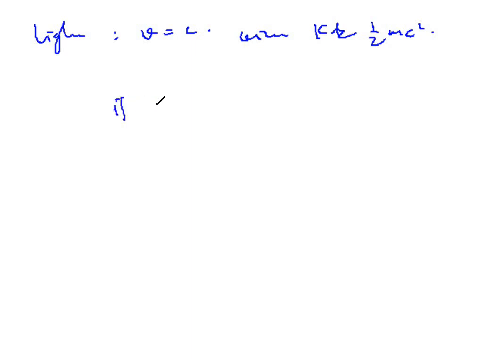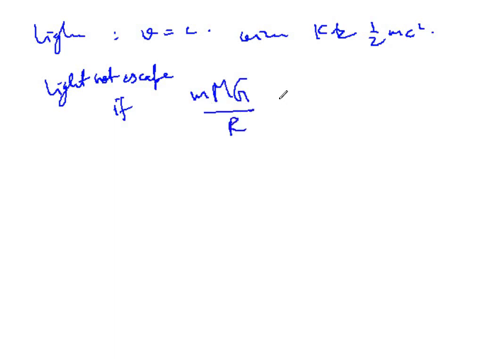Fine. Now, supposing the light consists of particles of mass m traveling at speed v is equal to c with kinetic energy half mc square. Now, in this case, we may deduce that the light will not escape if GM by R is greater than half c square.